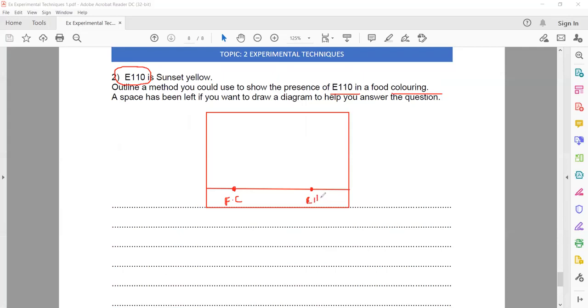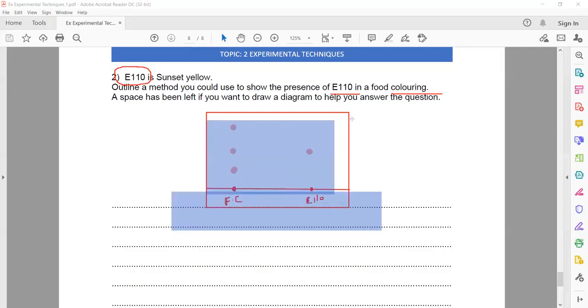We have to show the presence of E110 in a food coloring. The food coloring may have different spots, but one of the spots will match with E110. If one of the spots matches with E110, it means that this food color contains E110.